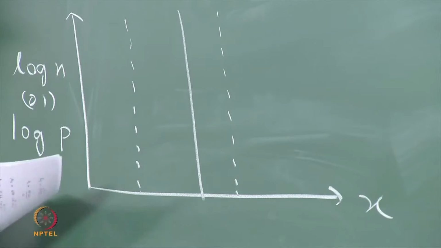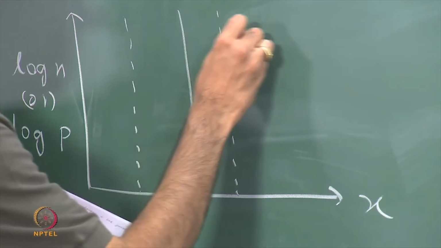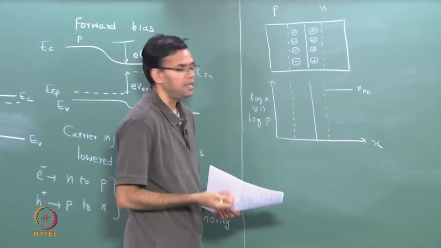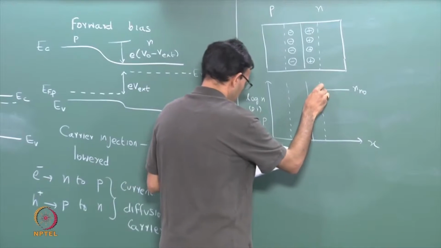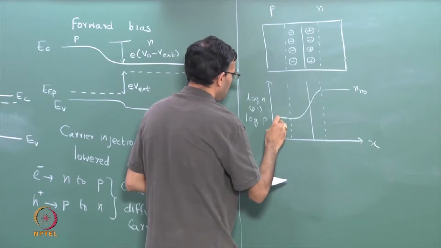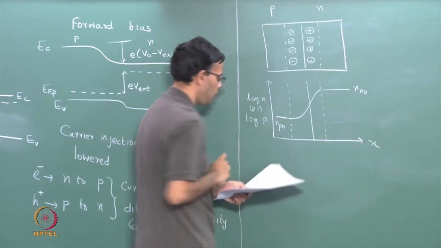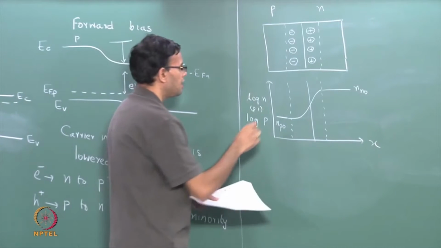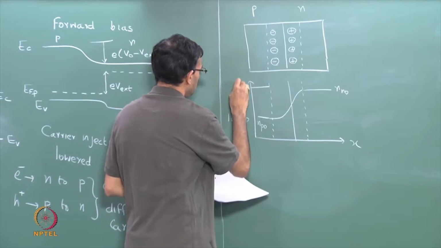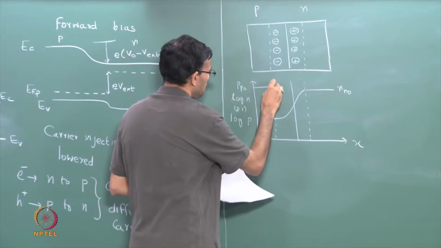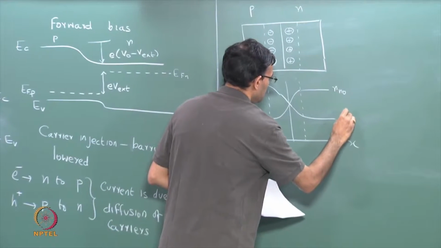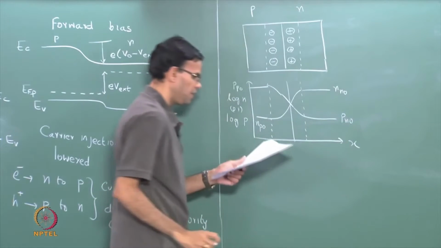So if I plotted log of n, this value is nothing but n naught, which is equal to N D, and then as you go across the value of n drops, then we had n on the p side, so n p naught. Similarly, we can plot the concentration of holes. Starts off high, so which is p naught, and then goes down to p n naught.